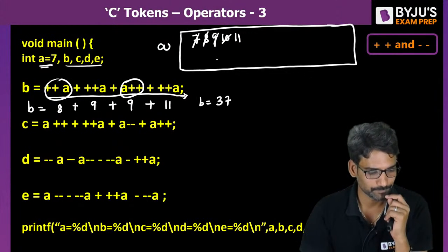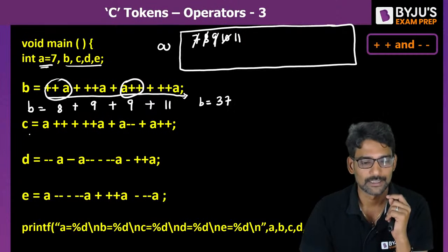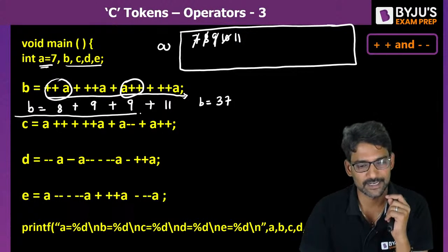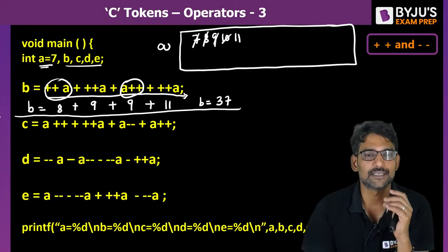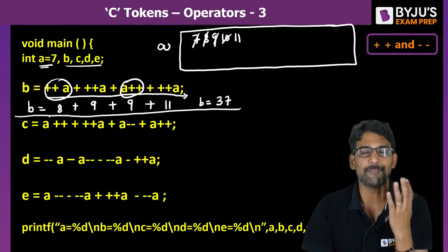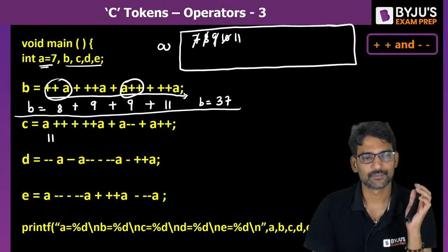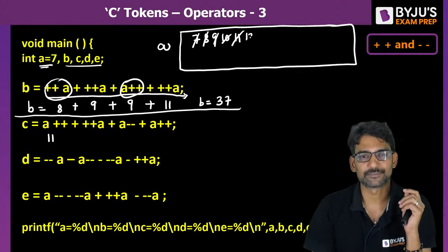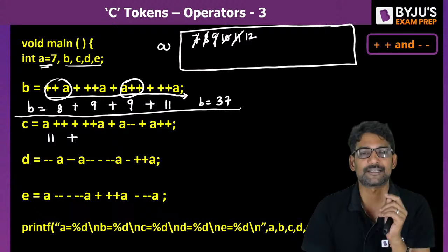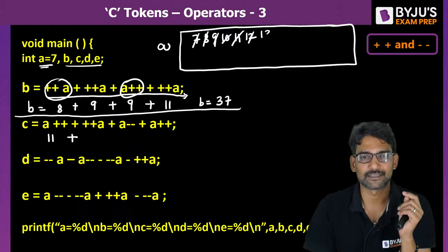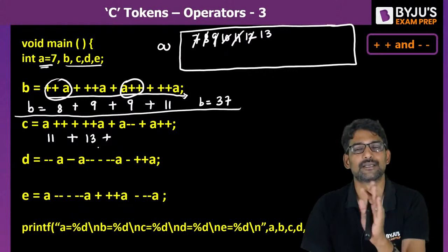Okay. Now, second expression. C is equal to A++. So first available A value you take, then increment, plus ++A, pre-increment. So first increment, then assign, plus A--.